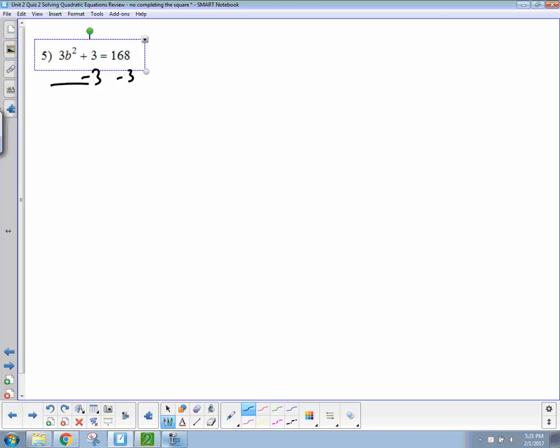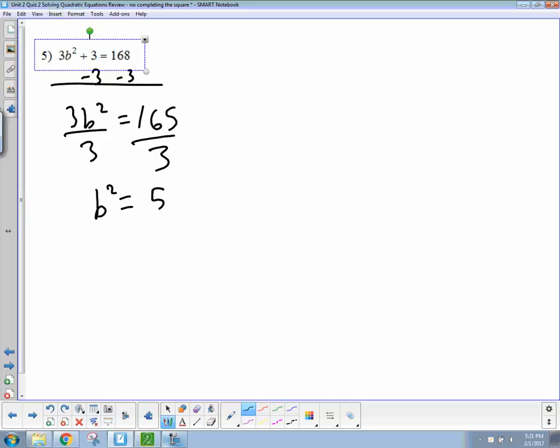We get 3b squared equals 165. Divide by 3. b squared equals 55. Take the square root. I'm pretty sure that doesn't simplify, but I'll check. It doesn't. So plus minus root 55 will be good for me.